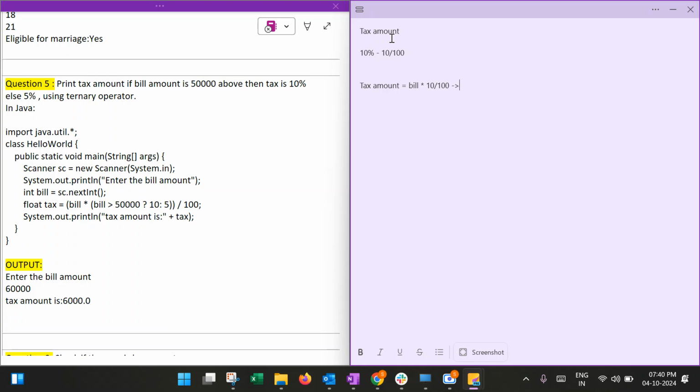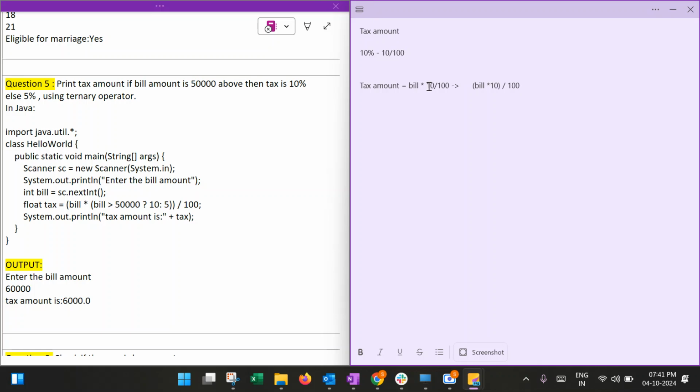So this thing we have to convert into the programming way. For that, first we are multiplying into 10. Okay, this is the first step we are taking, and then we are dividing by 100. Either way we will get the same answer, right? Because it is division.